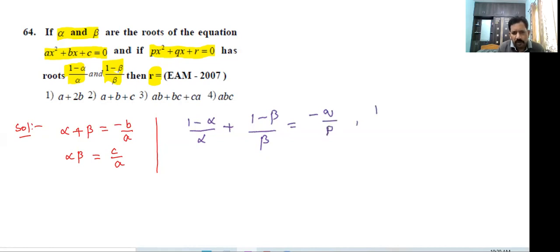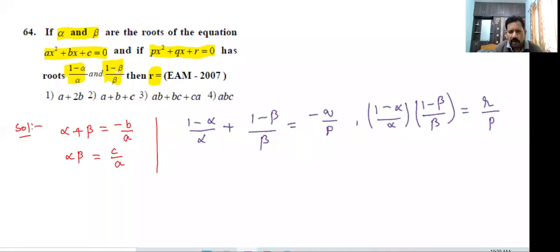Next, product of the roots: (1 minus alpha) by alpha into (1 minus beta) divided by beta. That is equal to how much? r by p. Okay. Now I am going to solve the product of the roots only.